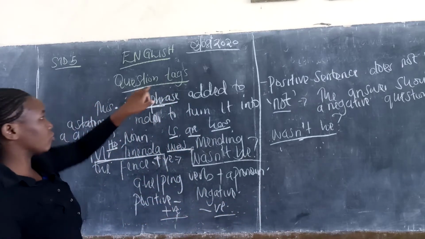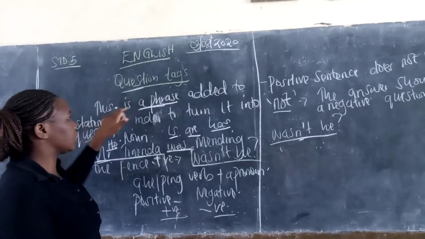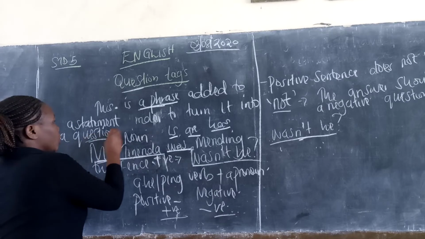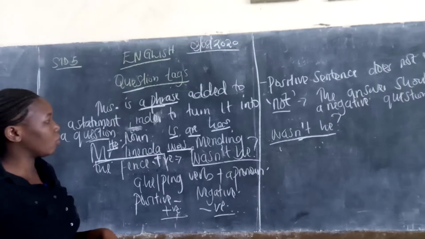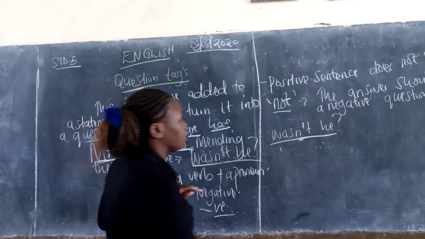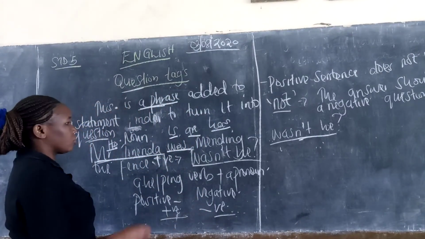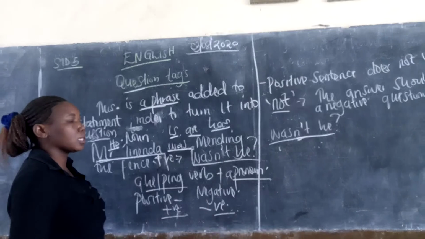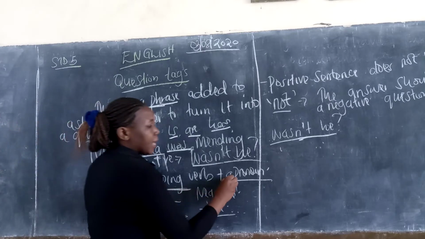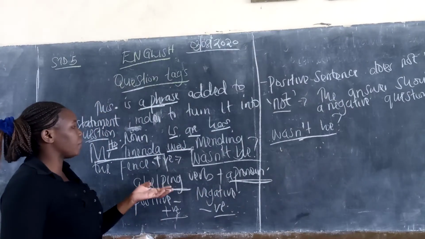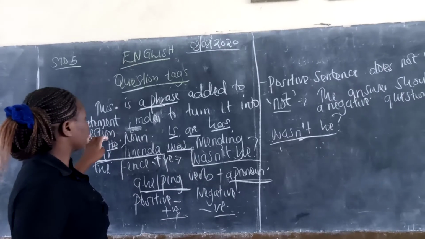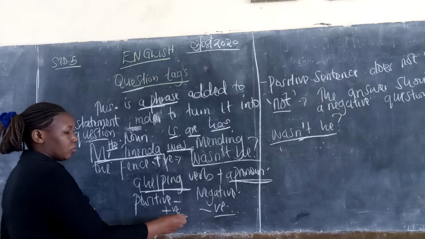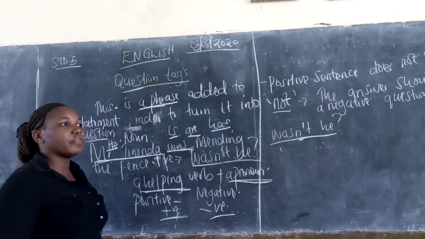Here we are talking about question tags. A question tag is a phrase added to a statement in order to turn it into a question. It is always formed by a helping verb plus a pronoun. The two of them usually form the question tag. How do we know if a sentence is positive?